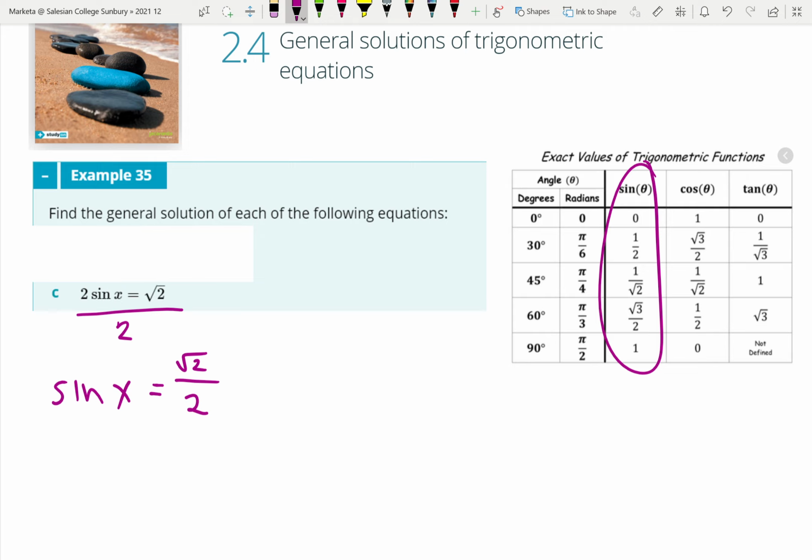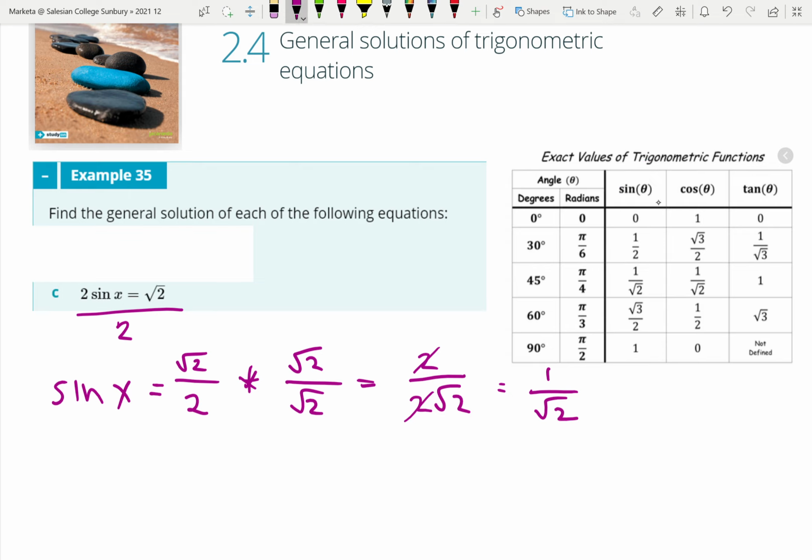But of course, if you were to multiply by root 2 on root 2, i.e. make the denominator rational, you're going to get 2 on 2 root 2. And of course, that will be 1 on root 2. So actually, root 2 on 2 is 1 on root 2, and you may benefit from writing that in the table of exact values, putting a rational denominator if you so wish.